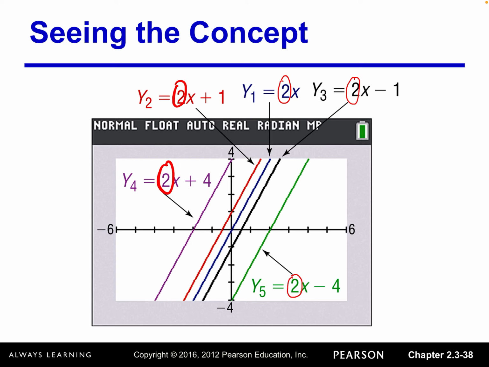So this set of line equations all have the same slope, but different y-intercepts. And if we plot all of them using a graphing calculator, we can see those 5 lines are actually parallel lines. We're going to talk about parallel lines at the end of this section.